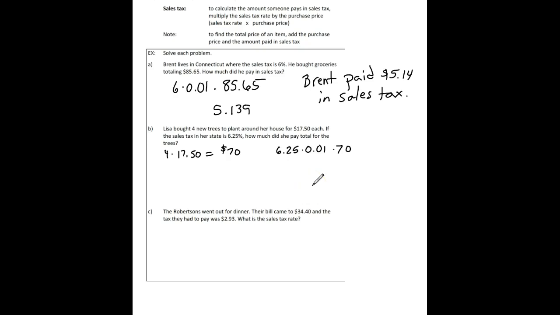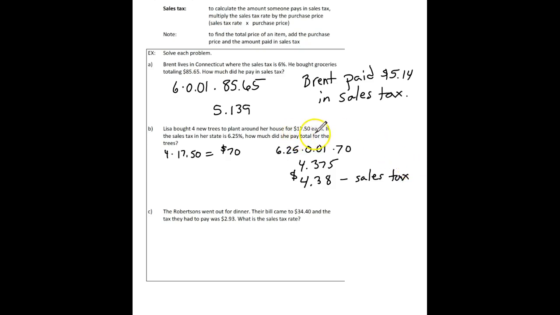Okay? When you multiply that out, you get 4.375. Okay? So how much sales tax is she really paying? We have to round that up to 4.38, and this is our sales tax. Okay, but what was the question asking?